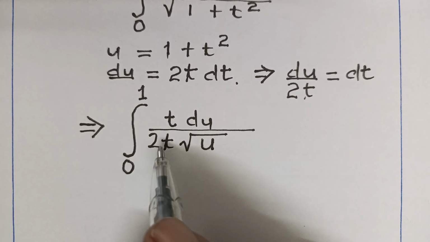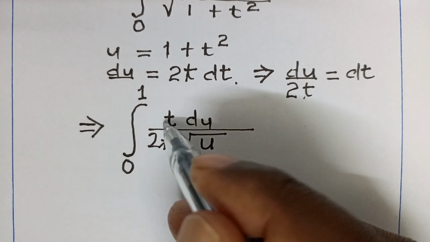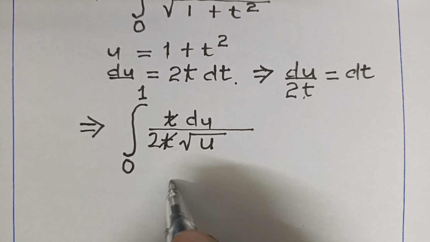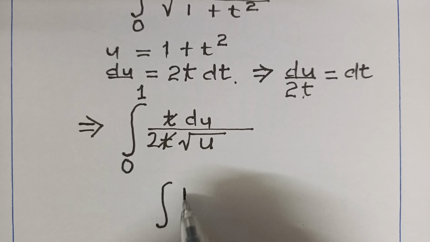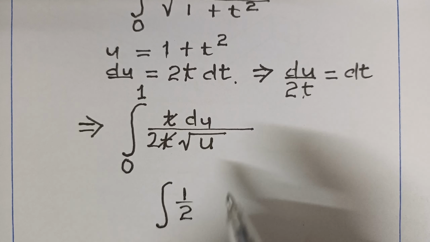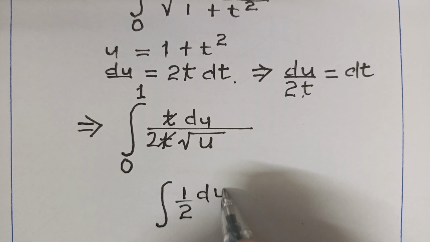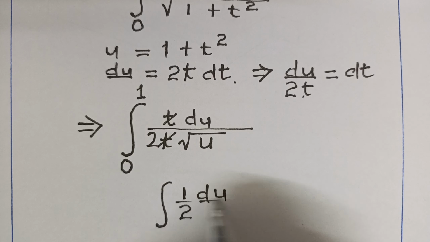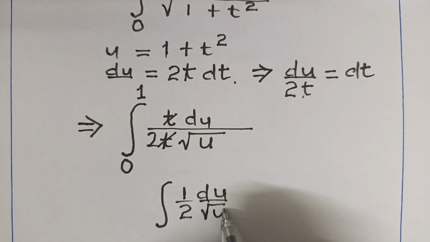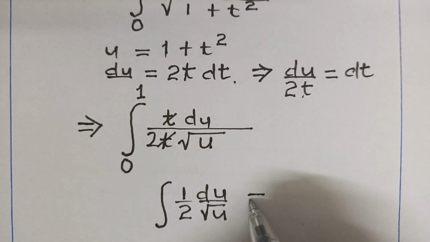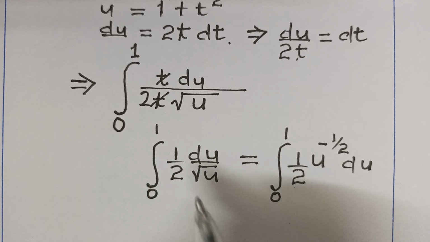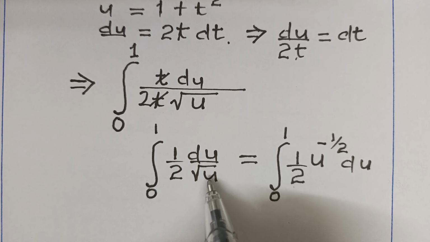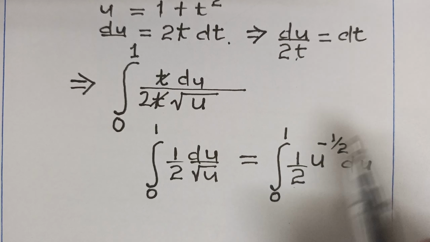So guys, from there now we can cancel that. So guys, we are left with 1 over 2 du, and there we have square root of u. When you now bring square root of u on the upper side, it becomes that.